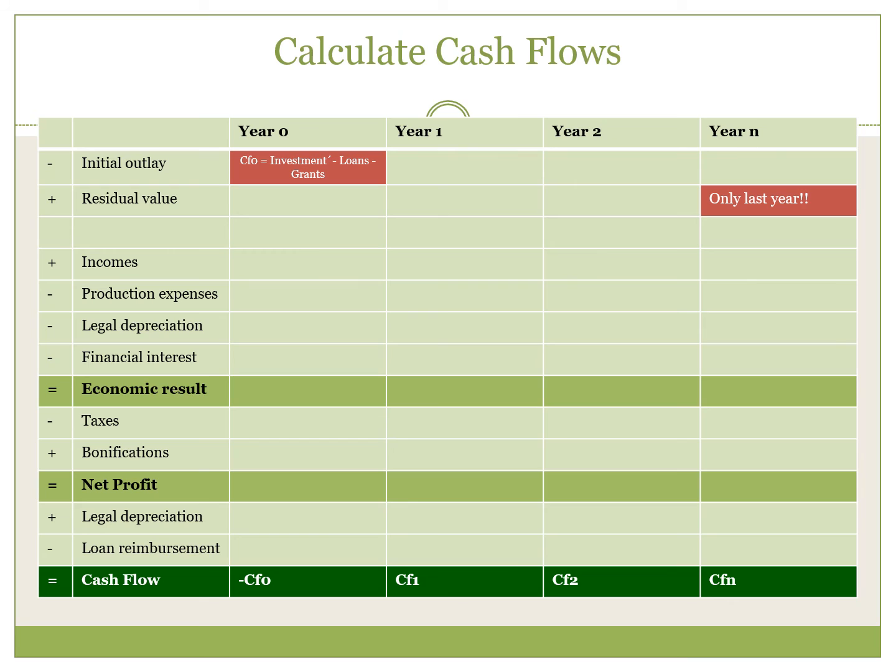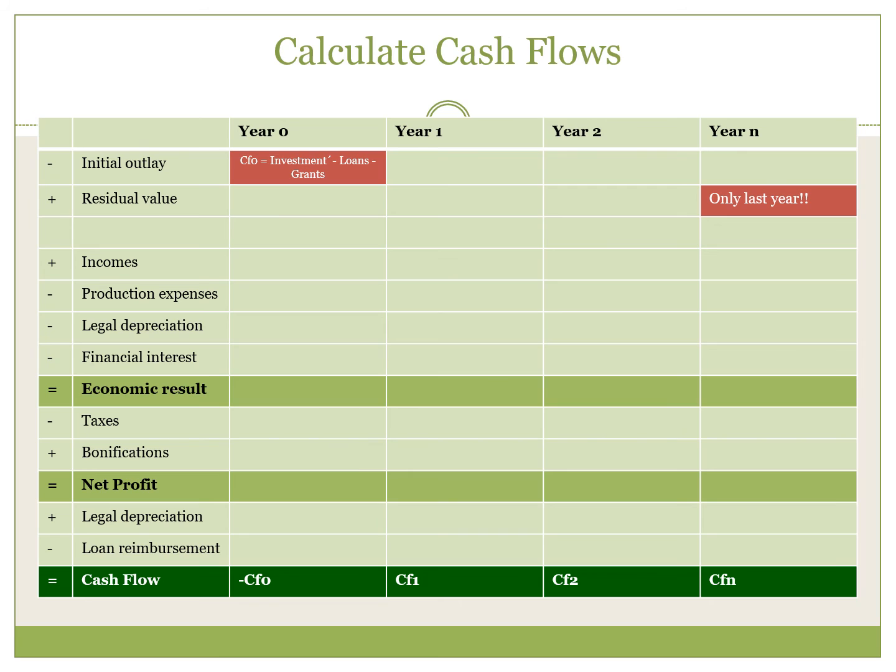So to do that, we're going to add legal depreciation and we're going to subtract the loan reimbursement. Why are those quantities again in a different line? Well, legal depreciation, if you remember, was something that the company was not paying to anyone. They were savings.